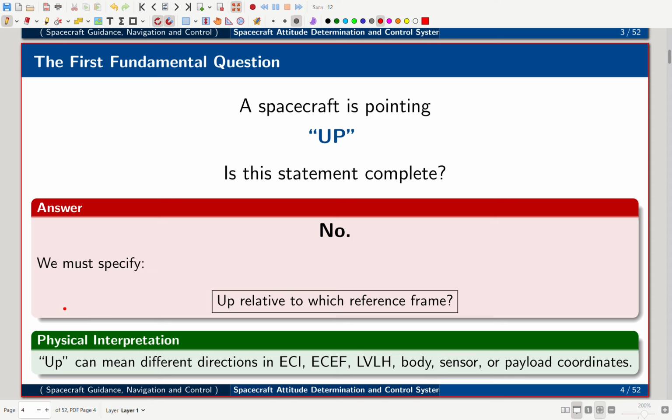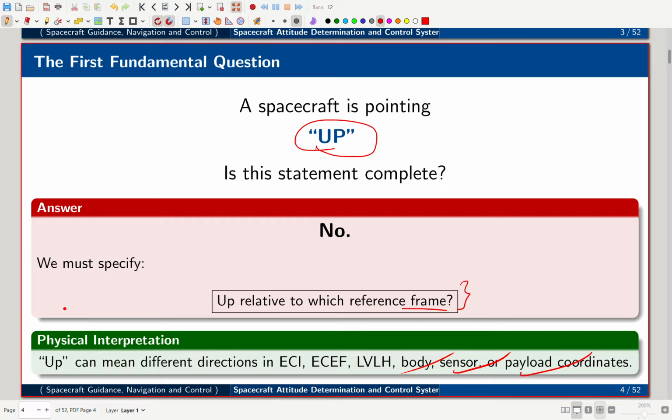First fundamental question: if a spacecraft is pointing up, is the statement complete? The answer is no. We must specify up relative to which reference frame. Reference is important. Physically, up can mean different directions: ECI, ECEF, local vertical local horizontal, or body, sensor and payload coordinates.